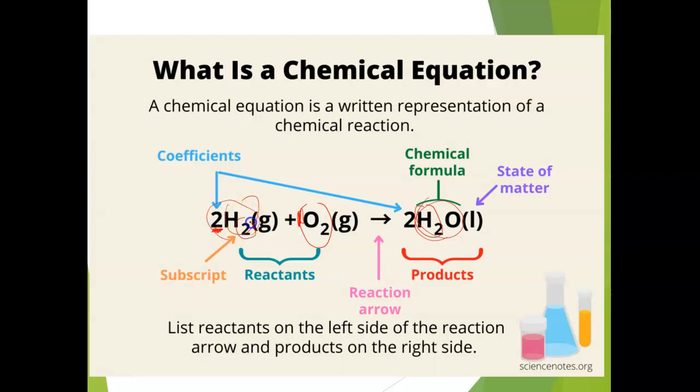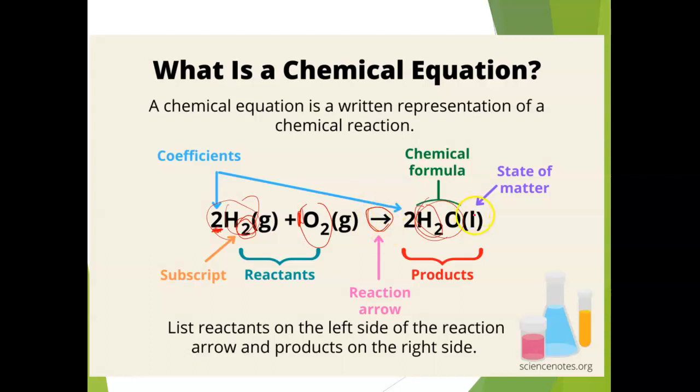There are also these subscripts here, and we've already talked about what those subscripts mean. Those are when we, way back in week 1 or 2, used the periodic table to make sure that the compounds were balanced electrically. There's also this arrow, again, that represents that the reaction has occurred.